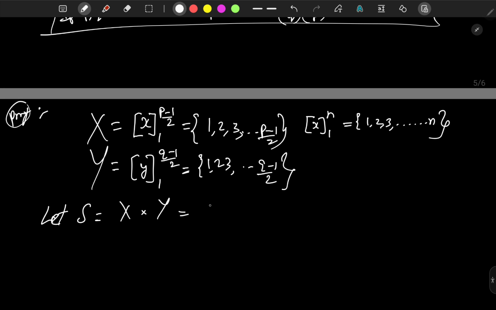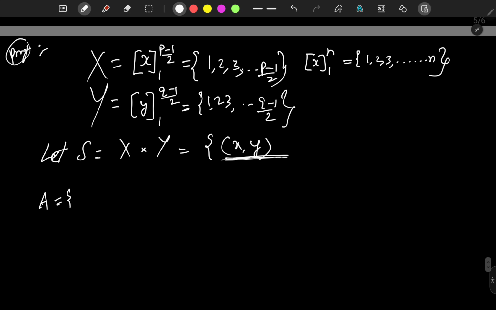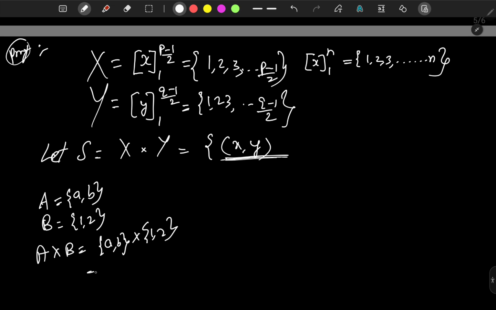So what will happen? It means all possible pairs of x and y. You know the normal Cartesian product: if A equals {a, b} and B equals {1, 2}, then A cross B means {a, b} cross {1, 2}, that means (a, 1), (a, 2), (b, 1), (b, 2).